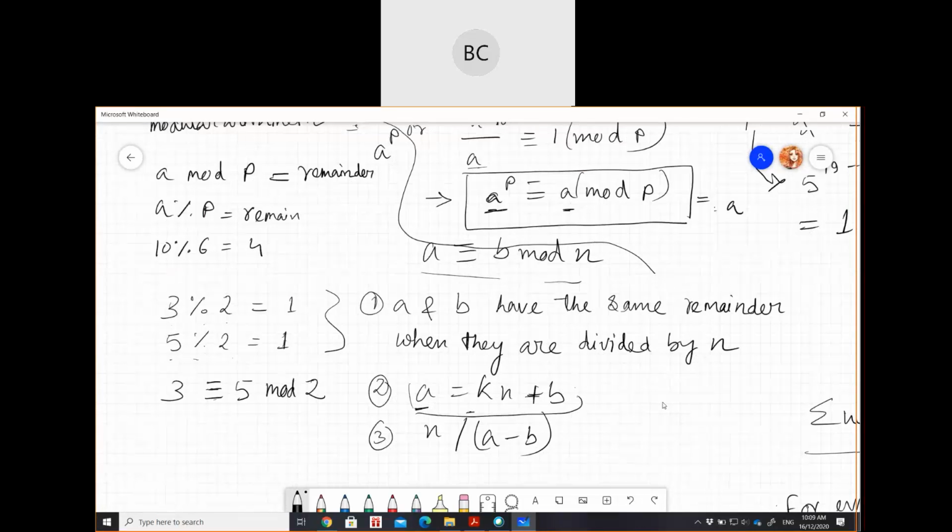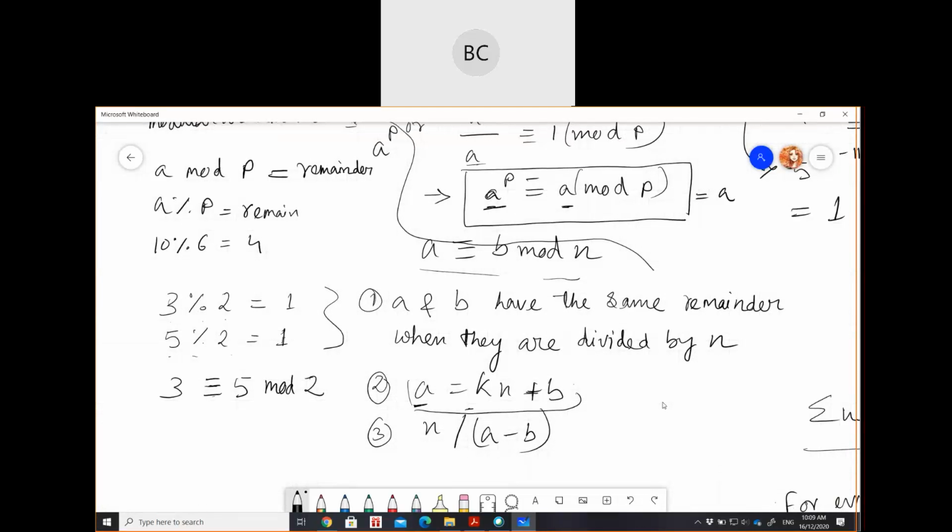This is for the congruence. It means the remainder will be the same if they are divided by n. Again, there can be a k for which kn plus b can be equal to a, and n can divide a minus b.